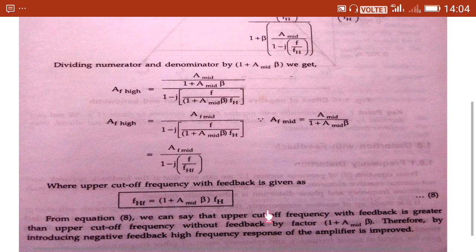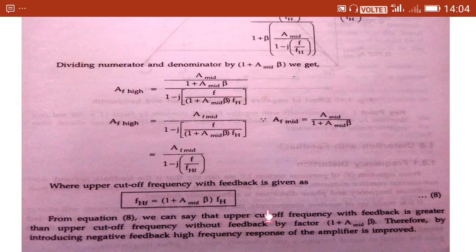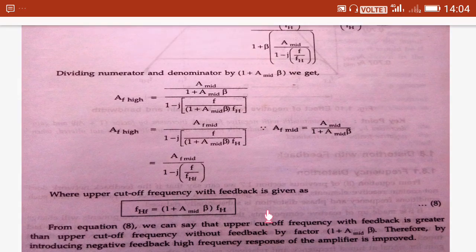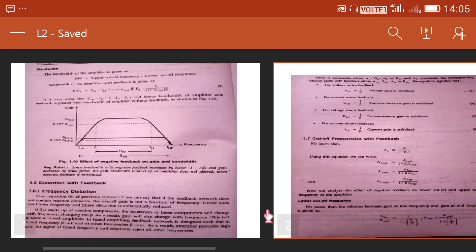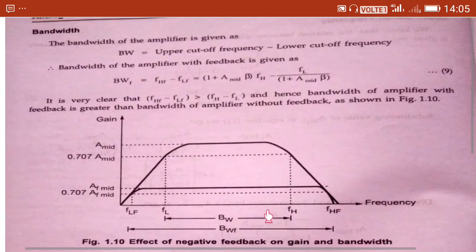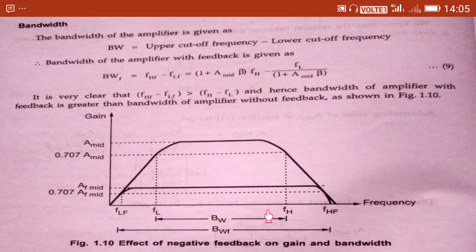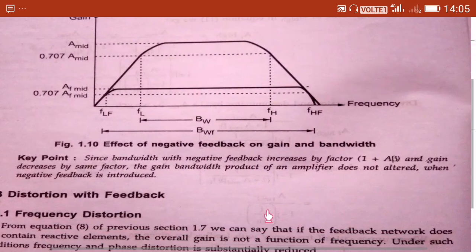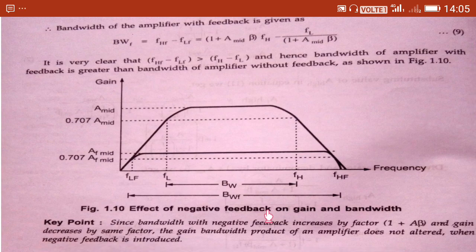Okay, so let's go to our first slide. Now we have derived the expression for higher cutoff frequency, which is this, and also derived the expression for lower cutoff frequency.